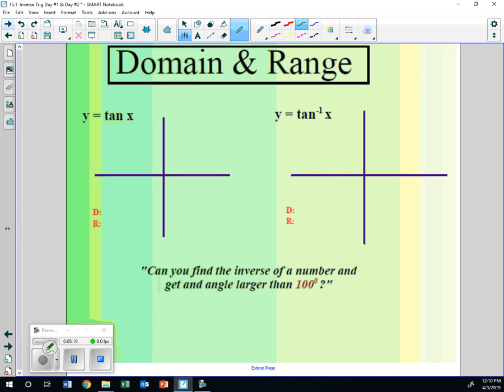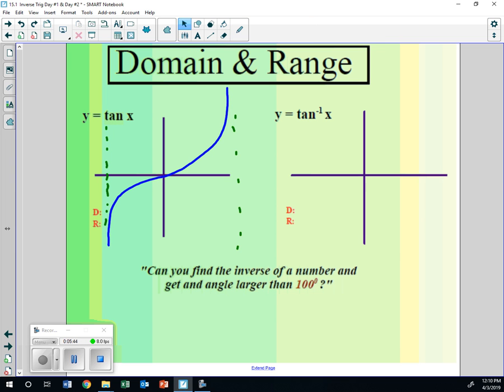Now, take your calculator and put in any number inverse tangent, any number. What do you never get bigger than? What do you never get larger than? Do you see it? What's the largest angle you can get? What's that? 90, yeah.